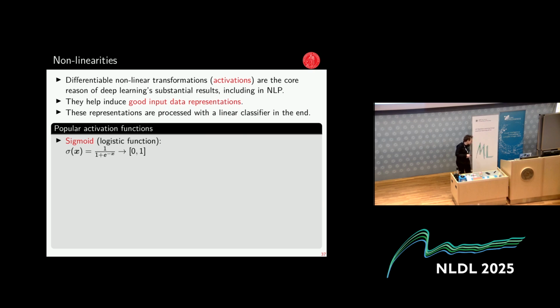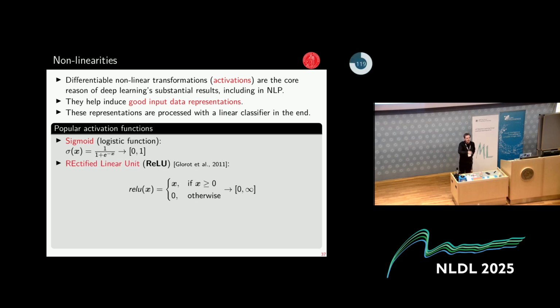There are dozens or maybe hundreds of activation functions, but some of the most popular are, for example, sigmoid, then a very simple function which is called rectified linear unit, and it's really simple, and I mean it. If you look at the equation, you have an input x. If x is positive, if it's more than or equal to 0, then the output is equal to the input.